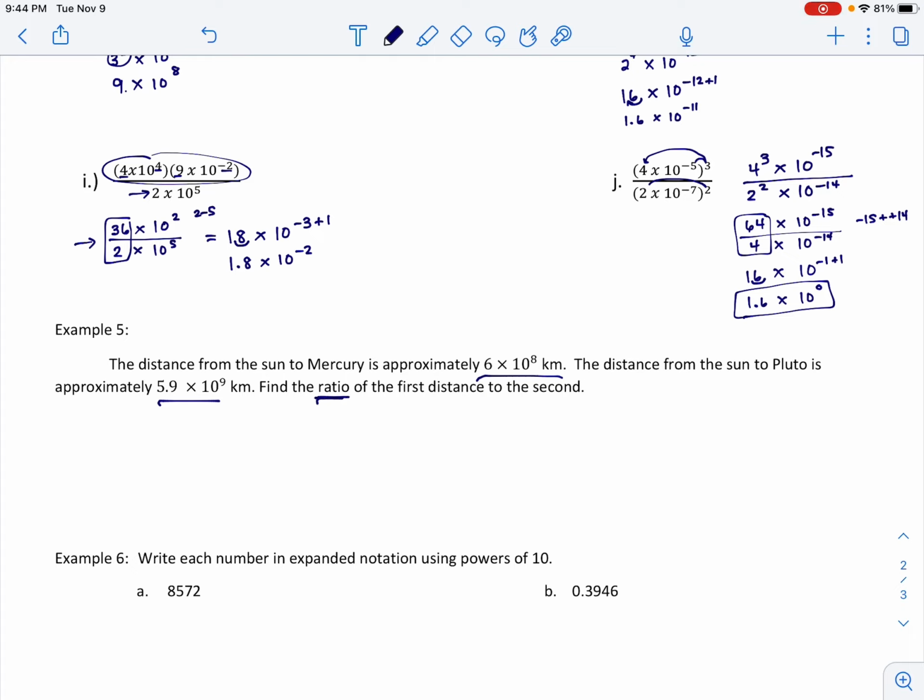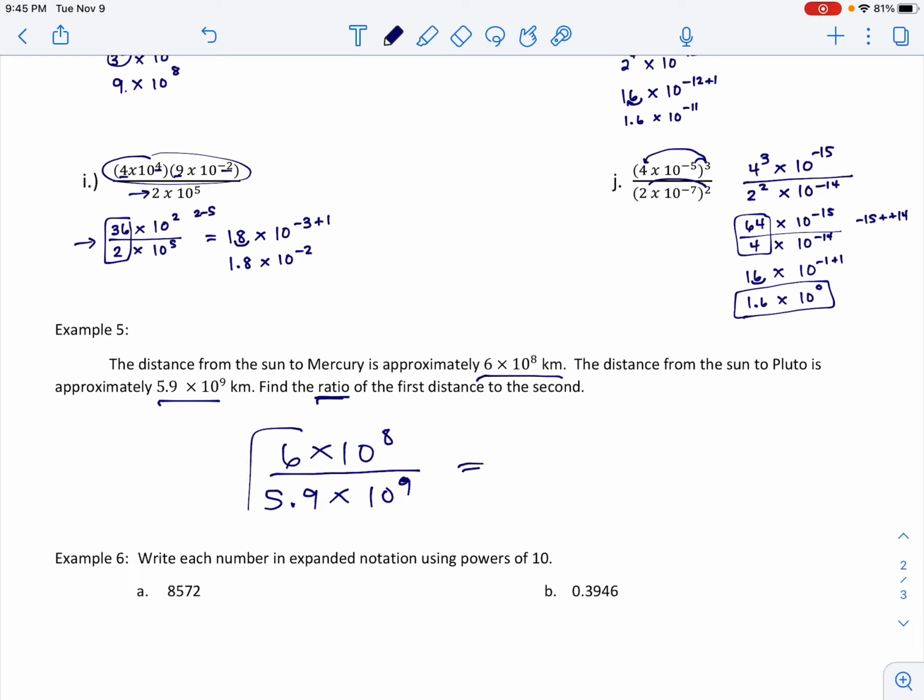So the ratio means that we're going to have a fraction from the first distance to the second distance. So the first distance was 6 times 10 to the 8. Our second one was 5.9 times 10 to the 9th. Make that a 9.